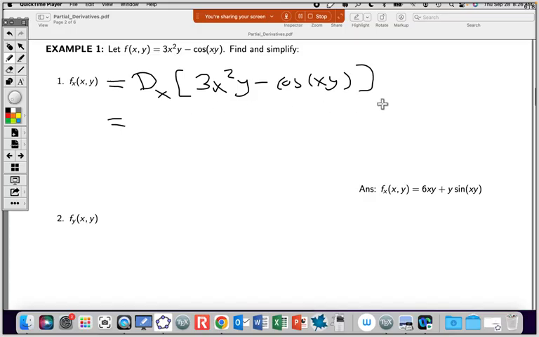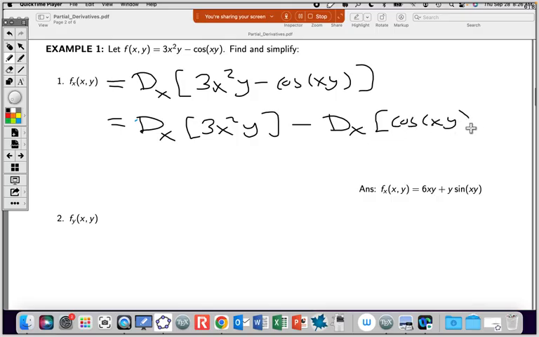So we've got the same rules of differentiation we've always had. We've got the sum and difference rule. We have the constant multiple rule. 3 is a constant, so what can I do with it? Bring it out front.